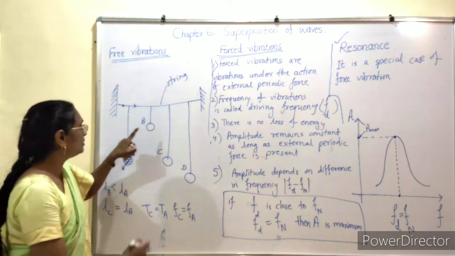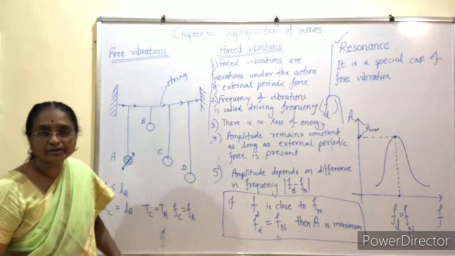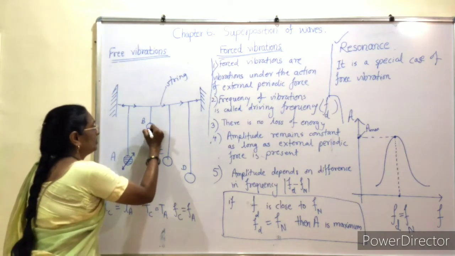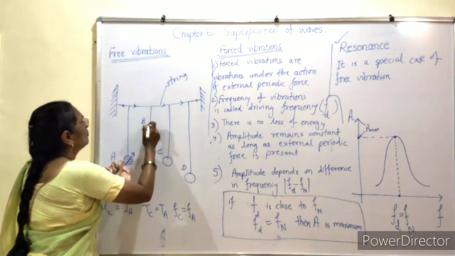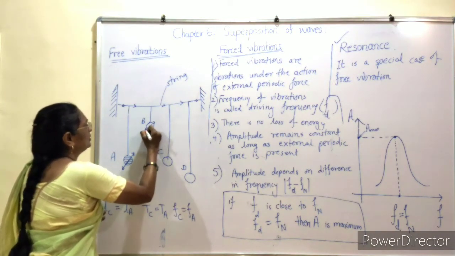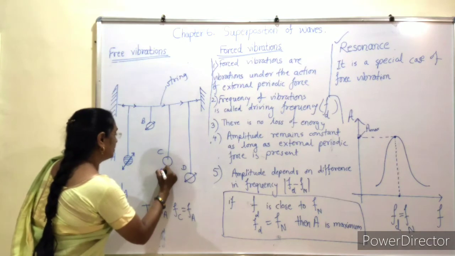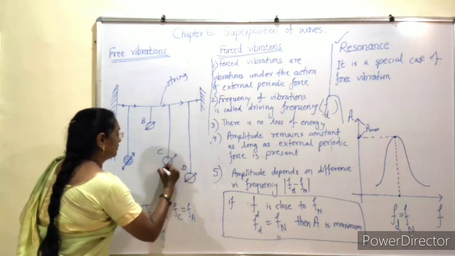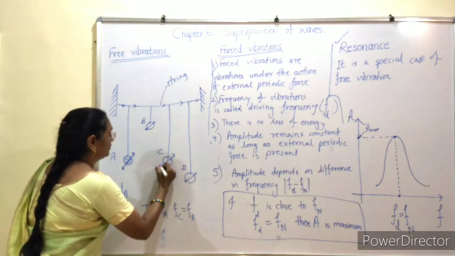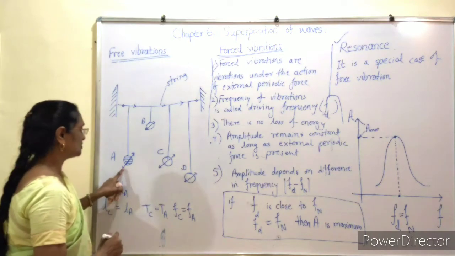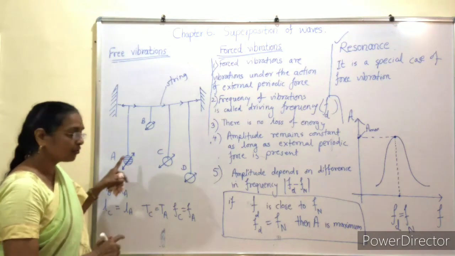The energy is received by B, also by C and also by D. So B starts vibrating with a small amplitude. D also vibrates with small amplitude, but we observe that pendulum C vibrates with the same amplitude as A, because the lengths are the same for A and C.